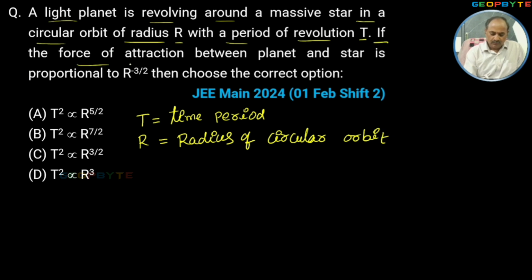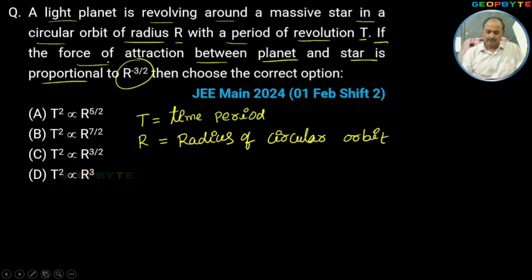If the force of attraction between planet and star is proportional to r power minus 3 by 2, then choose the correct option.